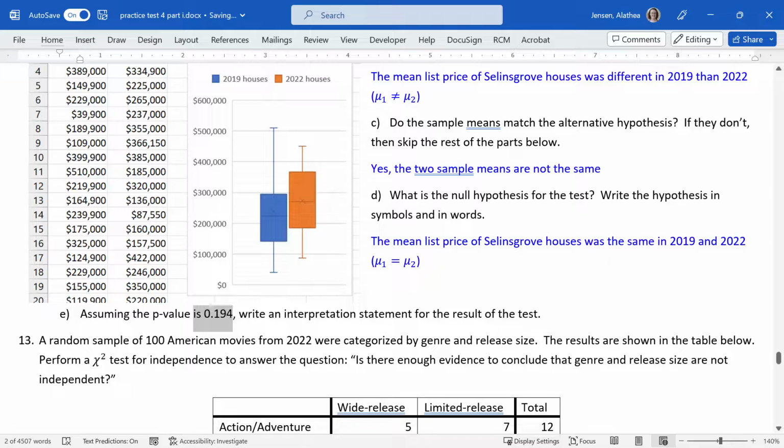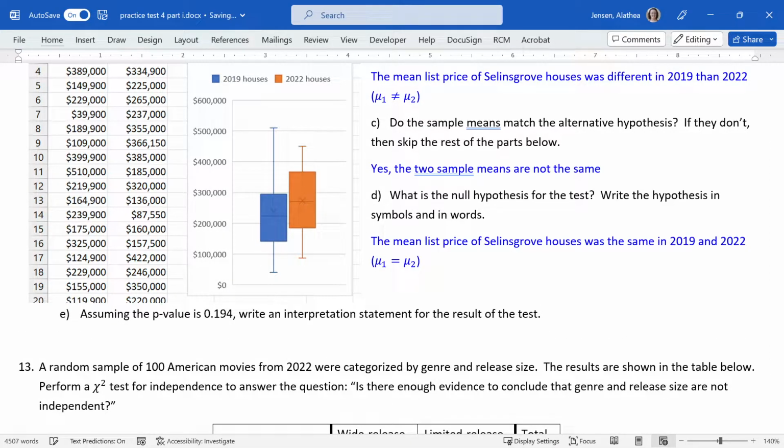So 0.194 as a probability is 19.4%. If an event with that probability happens to you, I don't think you should be that surprised. I mean, maybe a little bit, but not much. So this is not low enough to make a conclusion.